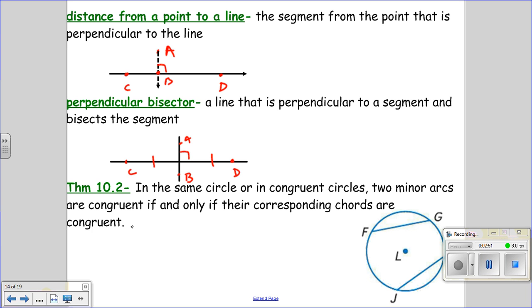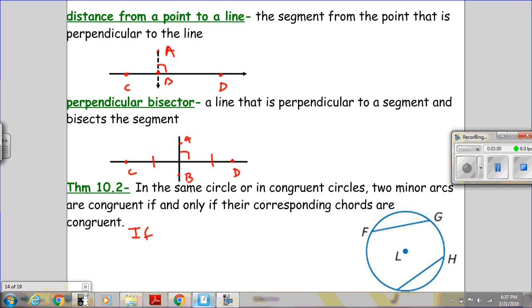So what that is saying is, in other words, if I use my circle here at the right, for example, if arc FG is congruent to arc JH, then chord FG is congruent to chord JH.